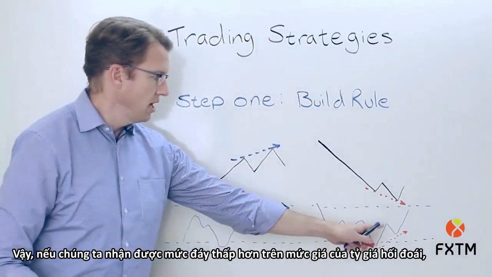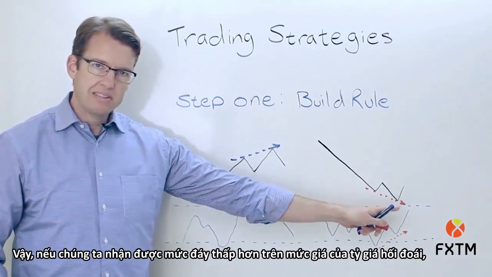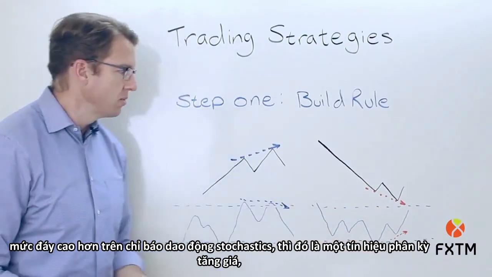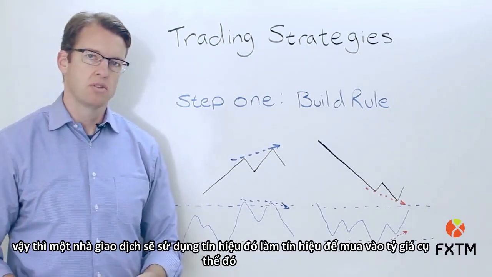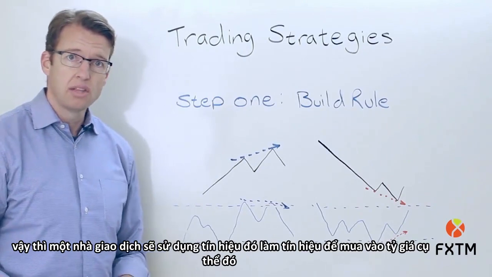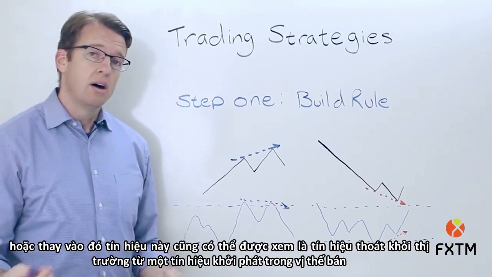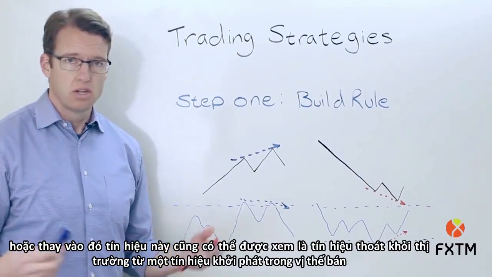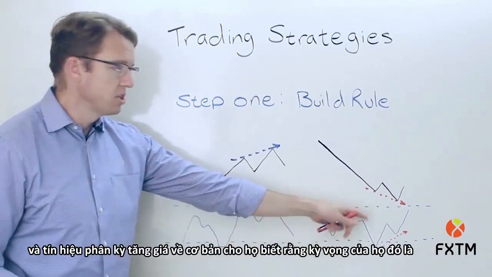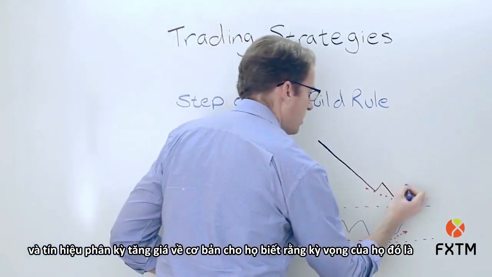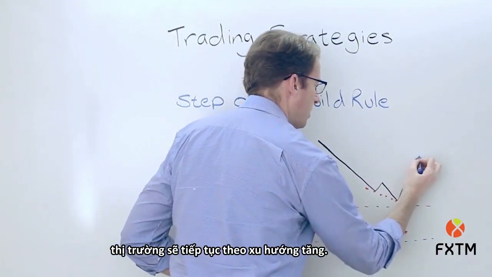So if we get lower lows on the price of the exchange rate and higher lows on the stochastics oscillator, well, that's a bullish divergence. A trader would use that as a signal to go long that particular exchange rate, or alternatively, this could also be seen as an exit signal for a trader who's in a short position, and the bullish divergence is basically telling them that the market is going to continue to the upside.